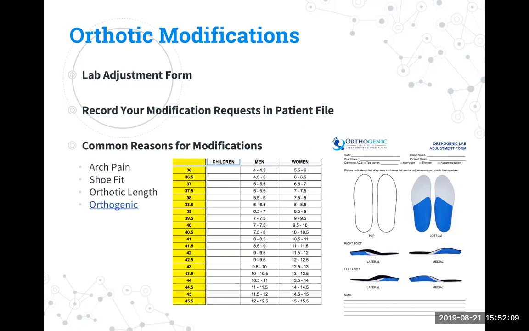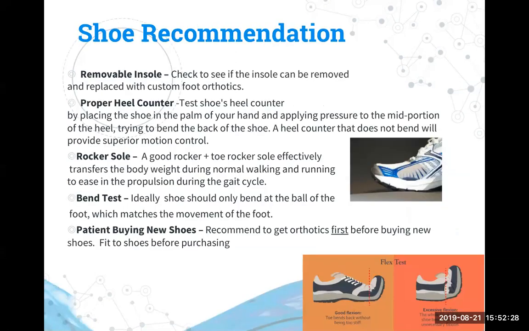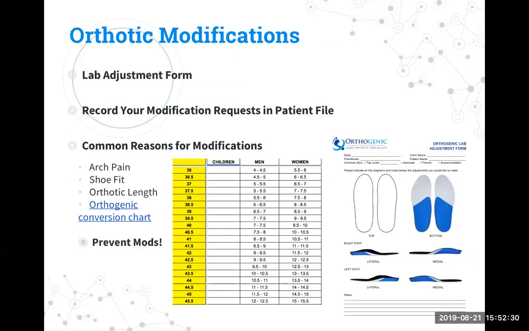Now, after talking with Joe, since he does most of the modifications for our lab, common ones that we're going to list here are arch pain that the patient will be complaining about. The shoe fit is another one. They put it in the shoe and it's not fitting, which we'll get into in the next slide on shoe recommendations, so I won't go too far into that right now.